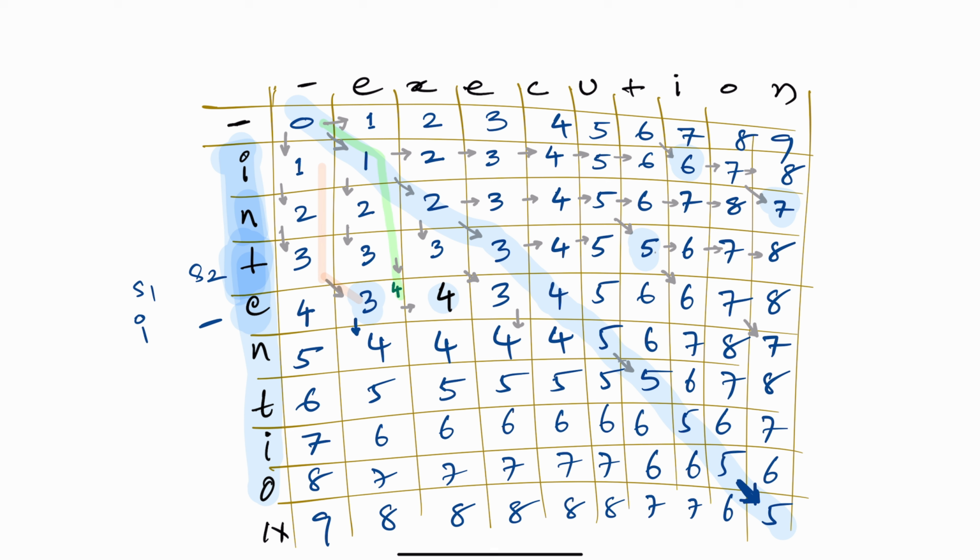Since this is 3 operations, E has the same E, so I will not increment this one. I will follow this path, then I will follow delete N, delete T, delete I, delete O. That means if I follow this path, it will be 7 operations. This path, it will be 7 operations. If I follow this path, it is the 4th operation, this is 5th, 6, 7, 8 operation.